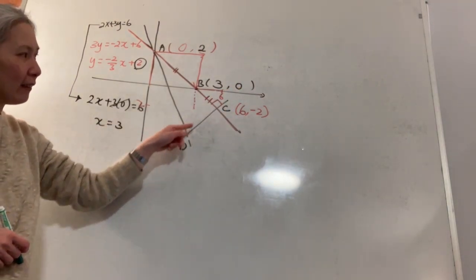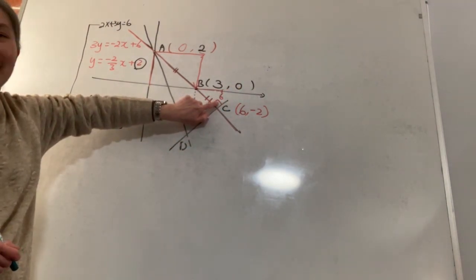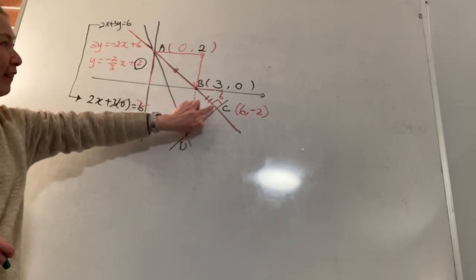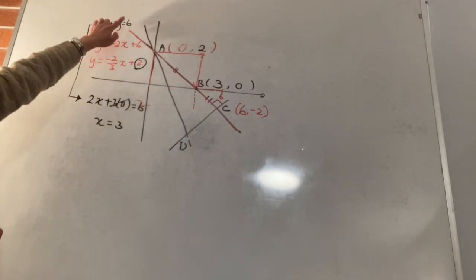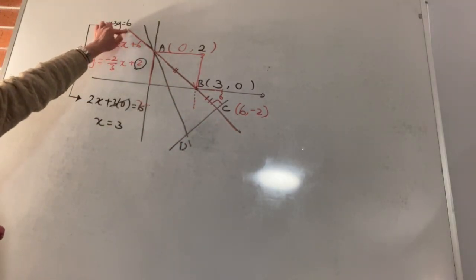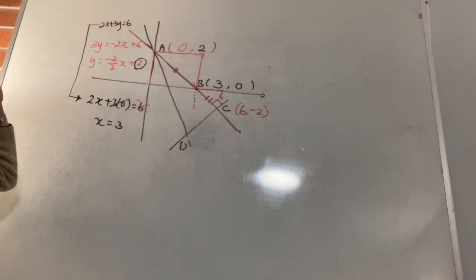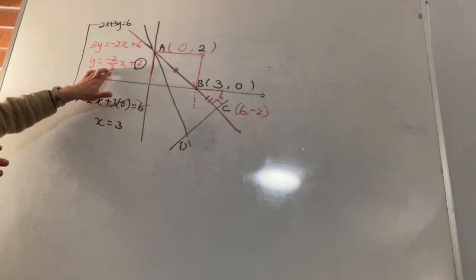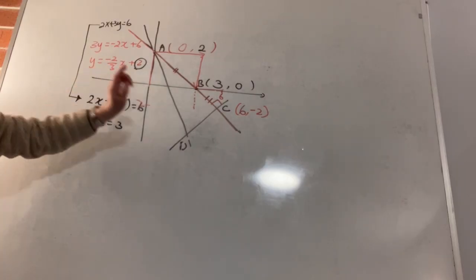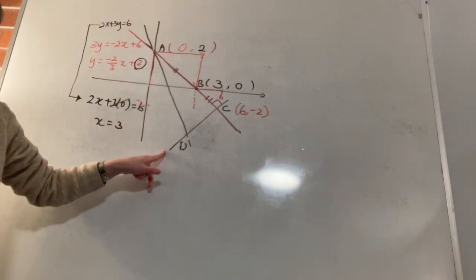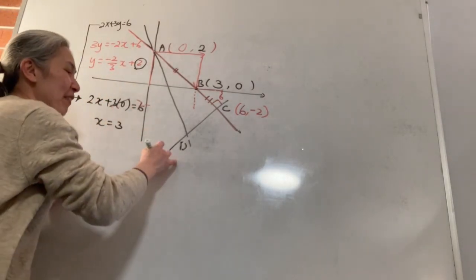What is special about this line? Perpendicular. Perpendicular to the other line. What is this gradient? Minus 2 over 3. Therefore, this gradient must be 3 over 2. Good, the m is 3 over 2.